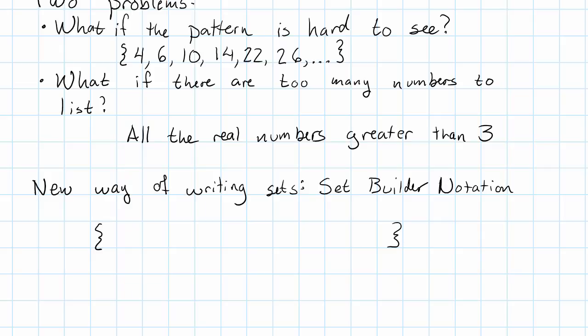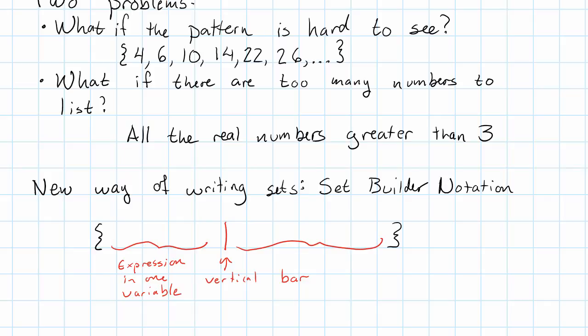In between we have a vertical bar. Before the vertical bar, we have an expression with a variable in it. And after the vertical bar, we have the rules the variable must follow.